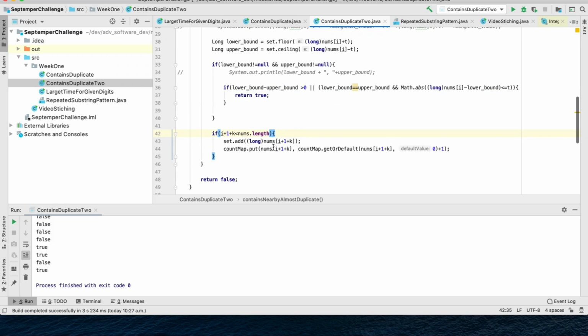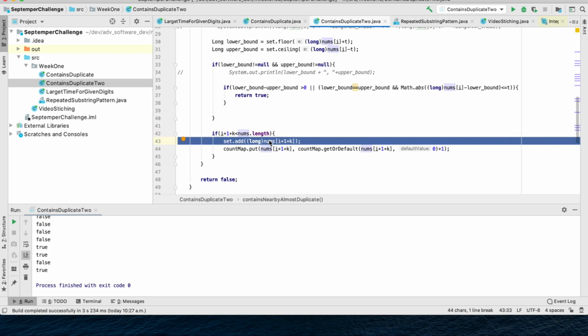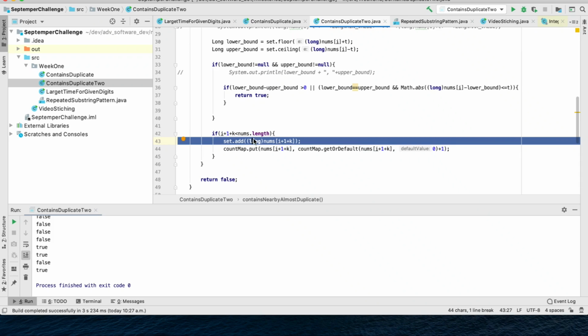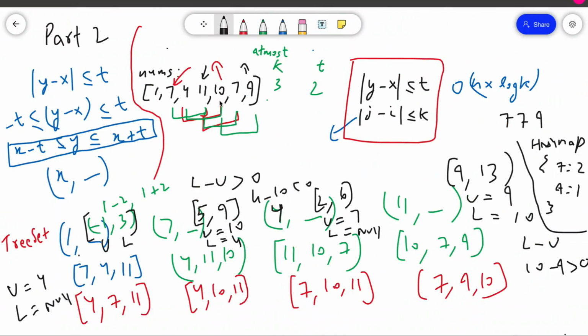Over here I am adding the next element. If the length of our array is greater than i plus 1 plus k, then we need to insert the next number. We have to maintain that at any moment of time our tree set structure has k elements.